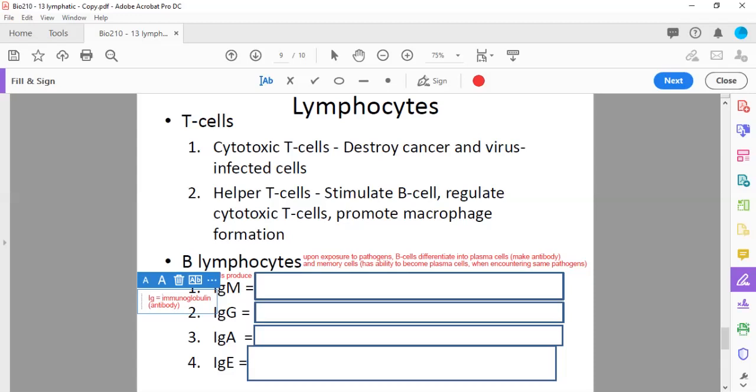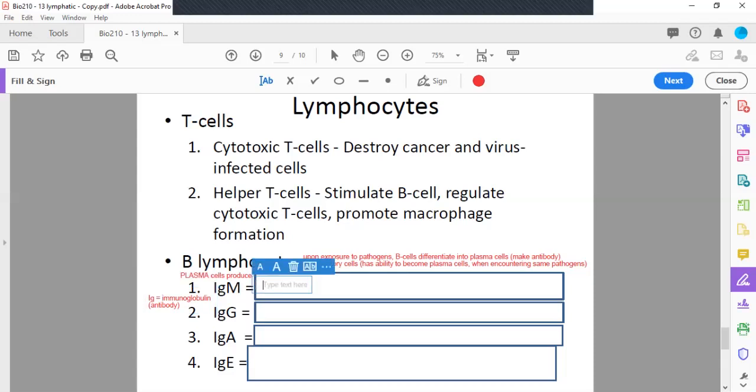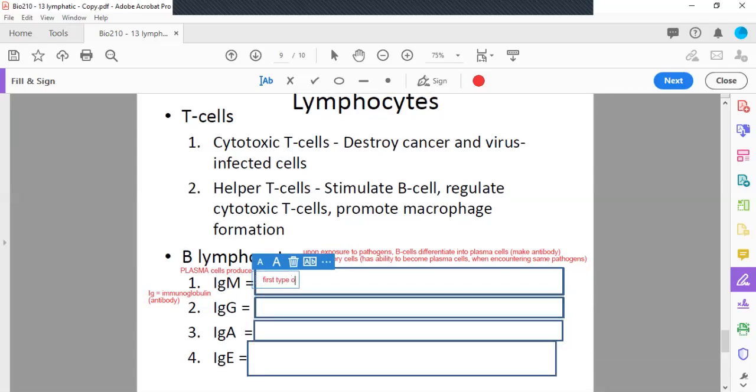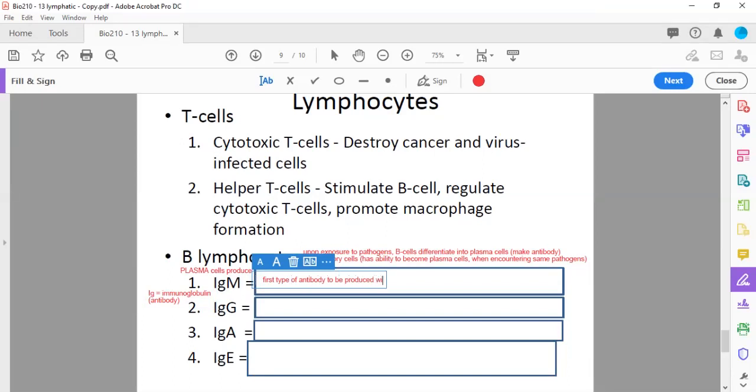If there's a spike in IgM, that means you have a recent infection, because IgM is the first type of antibody to be produced with a new infection. So an increase in IgM just means that you have a new infection.